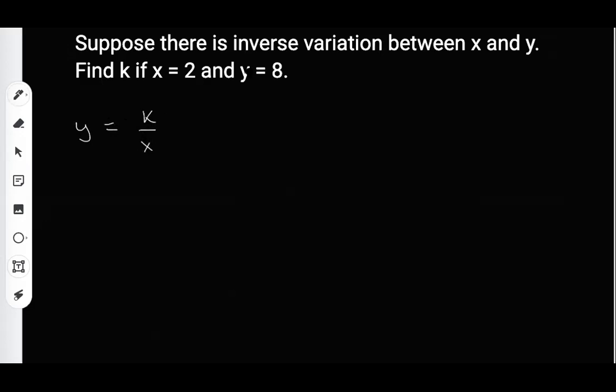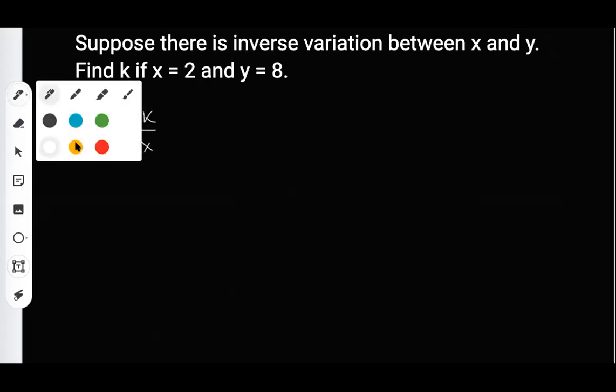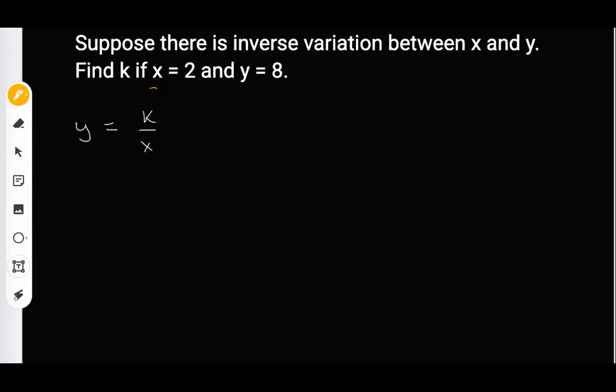So then the next thing I want to do is plug in my givens. They give me x equals 2 and y equals 8. So I'm going to plug those into the formula and figure out what k is. I'm going to replace y with an 8 and replace x with a 2. That's all I'm doing, plugging in my givens. And then I can get k by itself by multiplying both sides by 2.